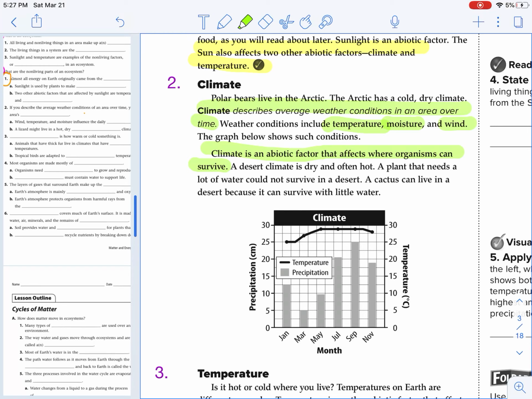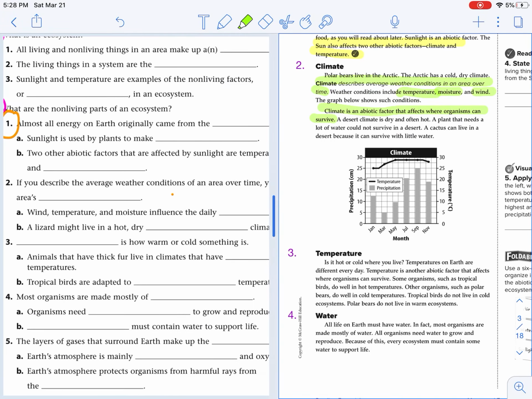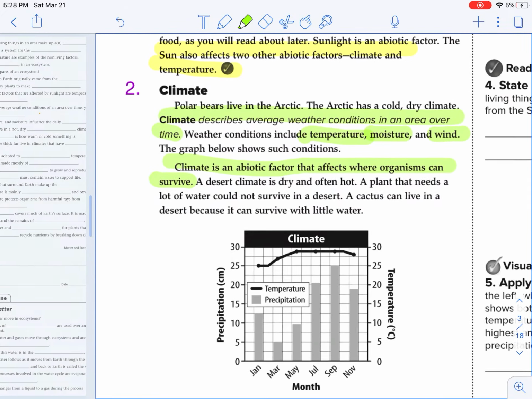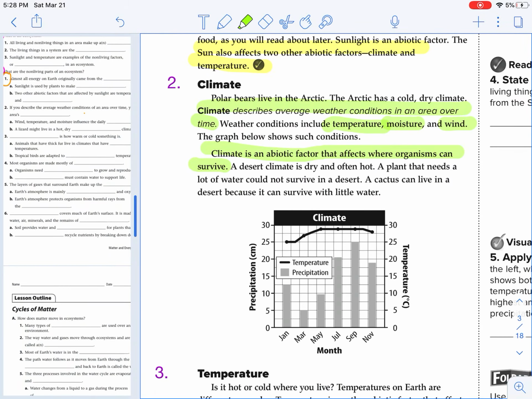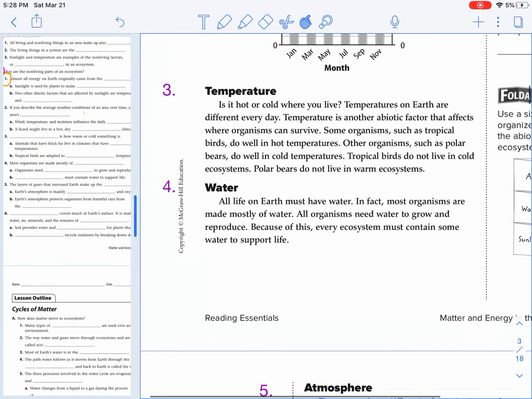So we would not be able to put a polar bear in the desert because it is too hot. And the polar bear does not have the adaptations to live in a dry, hot environment. All right, so there we have number 2 on your outline notes. So read through that and fill them in. Stop this video if you need.